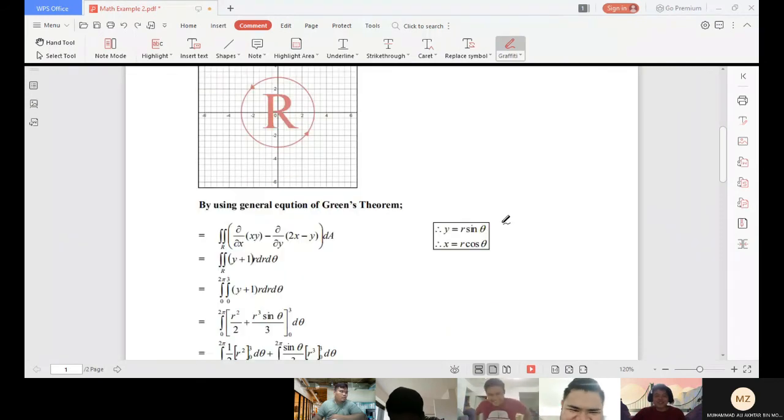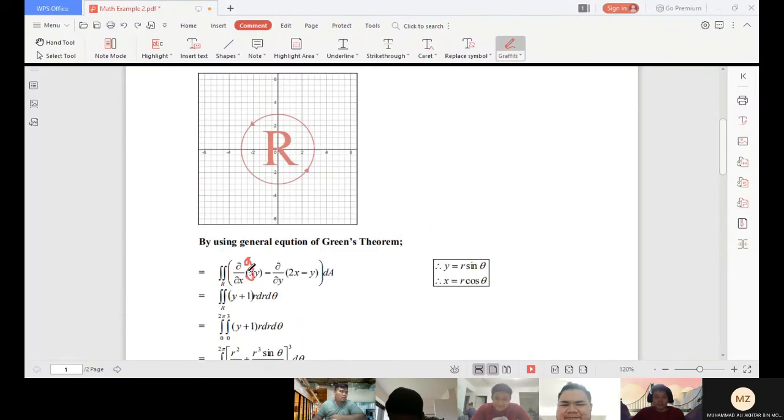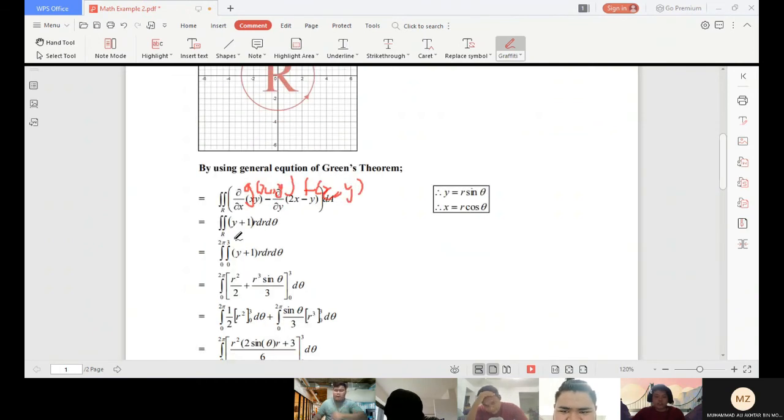By using the general equation of Green's theorem, that is the partial derivative with respect to x of g(x,y), minus the partial derivative with respect to y of f(x,y), we differentiate it and we get y plus 1, r dr d theta. Why do we use this?